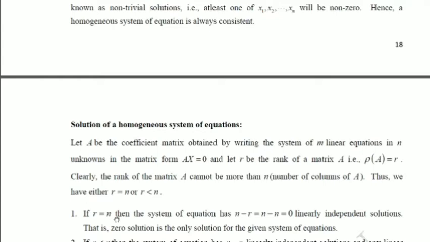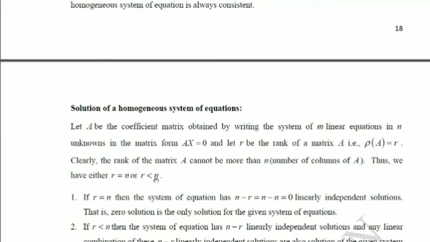So whenever you find the rank, see the rank. If the rank is the same as the number of unknowns, then straight away you can write that the given homogeneous system has only the zero solution. Suppose the rank is less than n, then the system has n minus R linearly independent solutions.